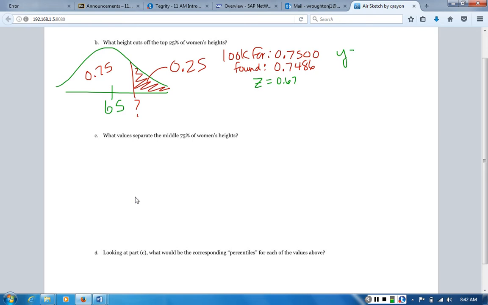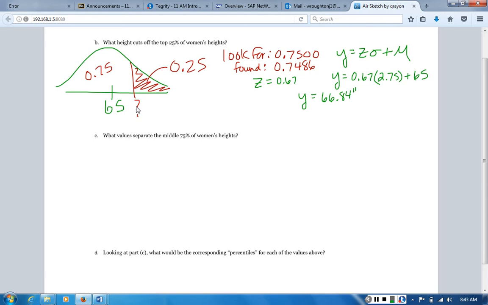So our y again is just z times sigma plus mu. So our z this time is positive 0.67. Standard deviation is still 2.75. Mean is still 65. So our y turns out to be 66.84 inches, which is bigger than 65, which makes sense for my picture.